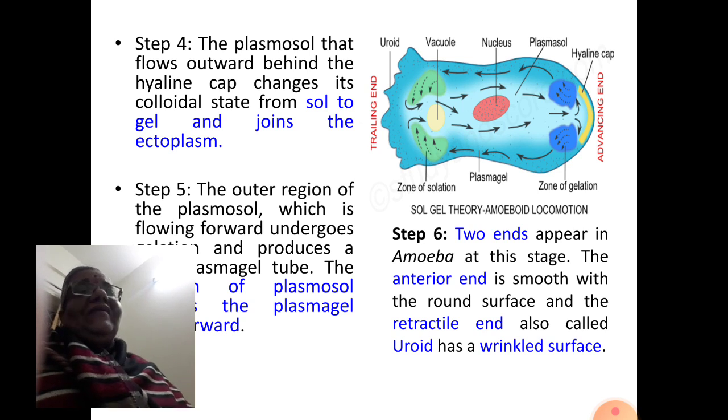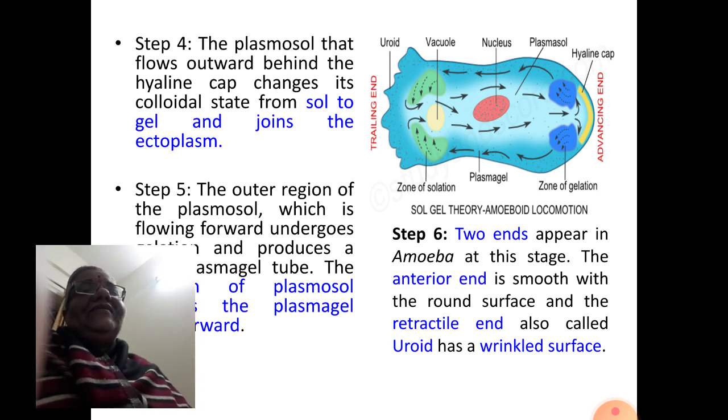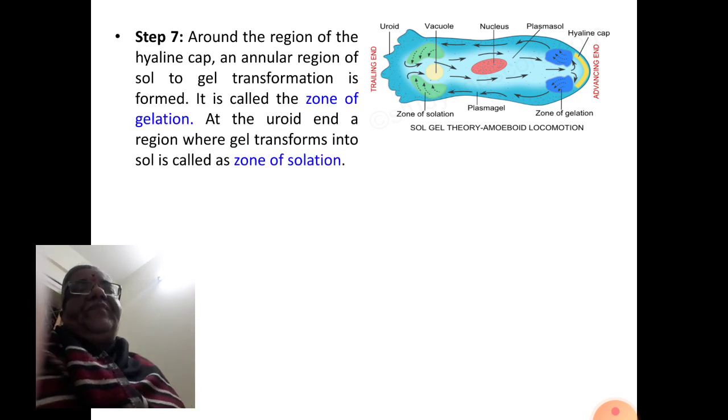So at step 6, you can clearly make out two ends: the anterior end where the pseudopodium is being formed, and the posterior wrinkled end, that is the trailing end. Again I have put the same diagram here to continue my explanation. Then, step 7.